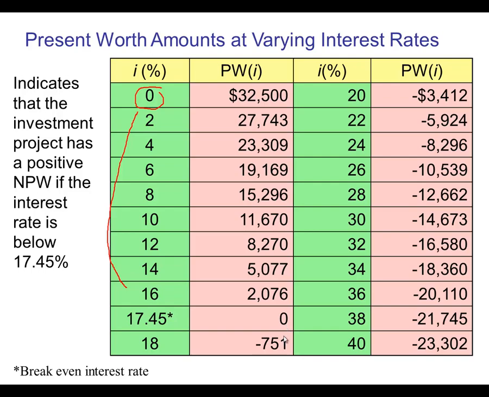That's when you break even, and then you start going into negative if it was above, and that's why we reject the project. So below that it's positive, so we accept, and above that value it's in negative. All these values are in negative, that's why we reject.